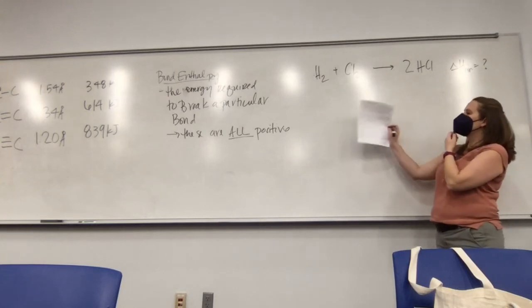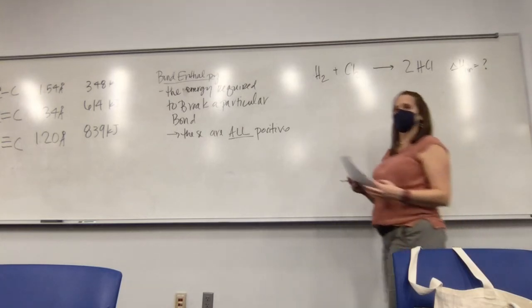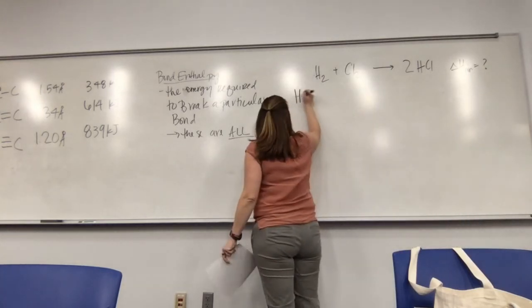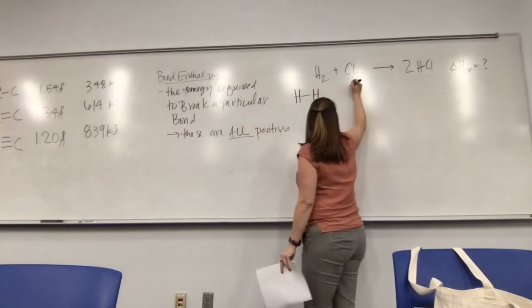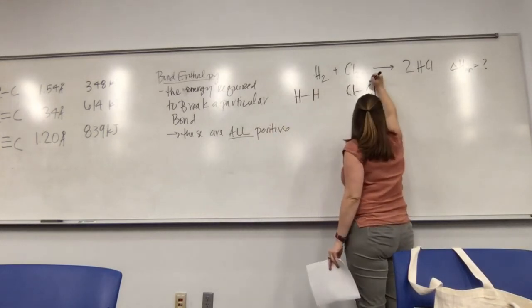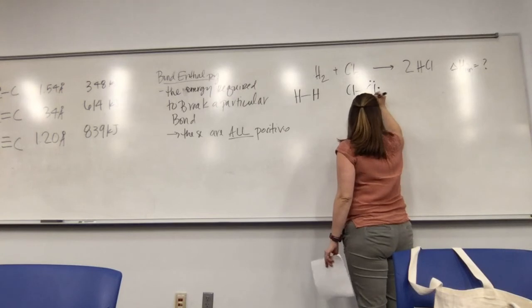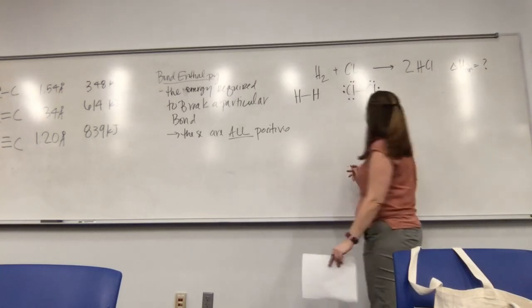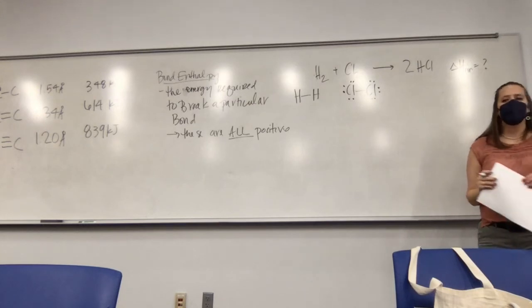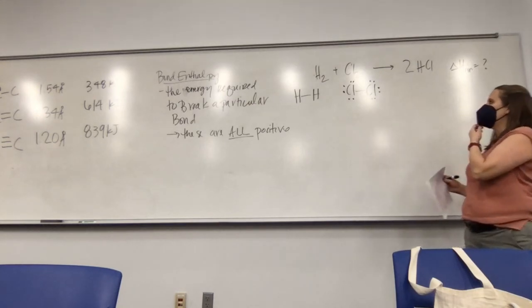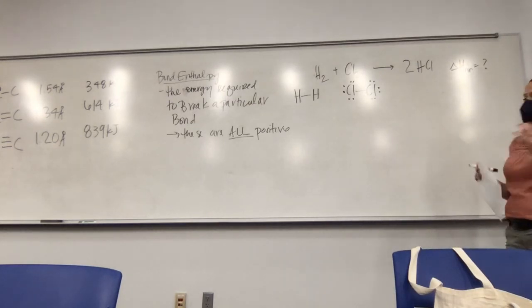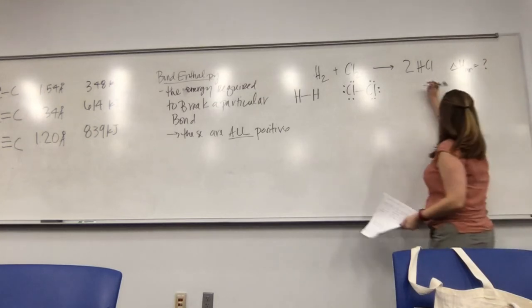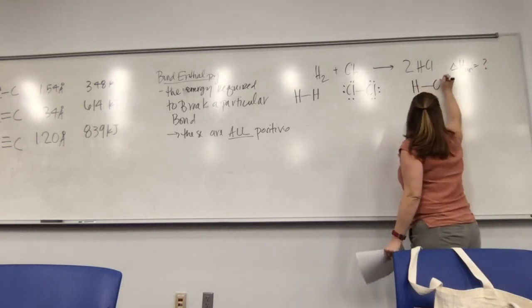So for both H2 and Cl2, we could draw a structure. H, H, and Cl, Cl, with our lone pairs. So now we have two structures. We want to look at bonds broken minus bonds formed. Oop, we forgot to draw our product. So we have an HCl.